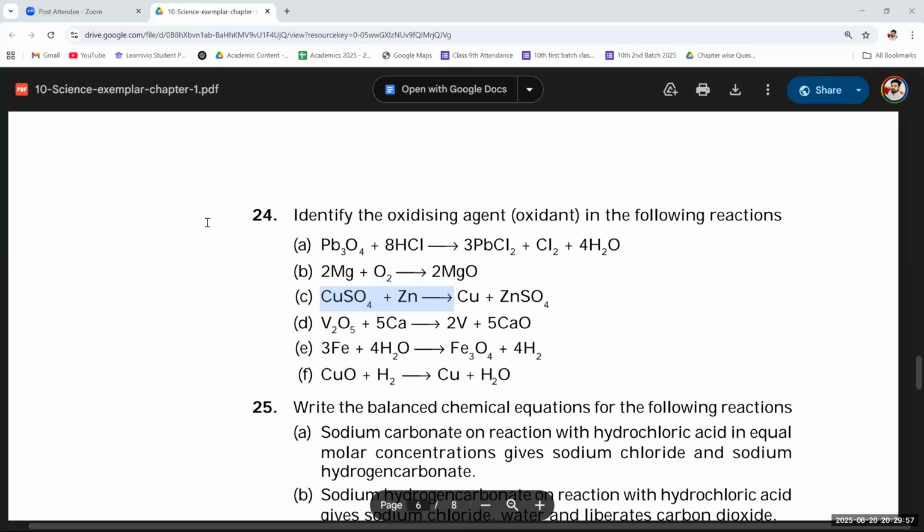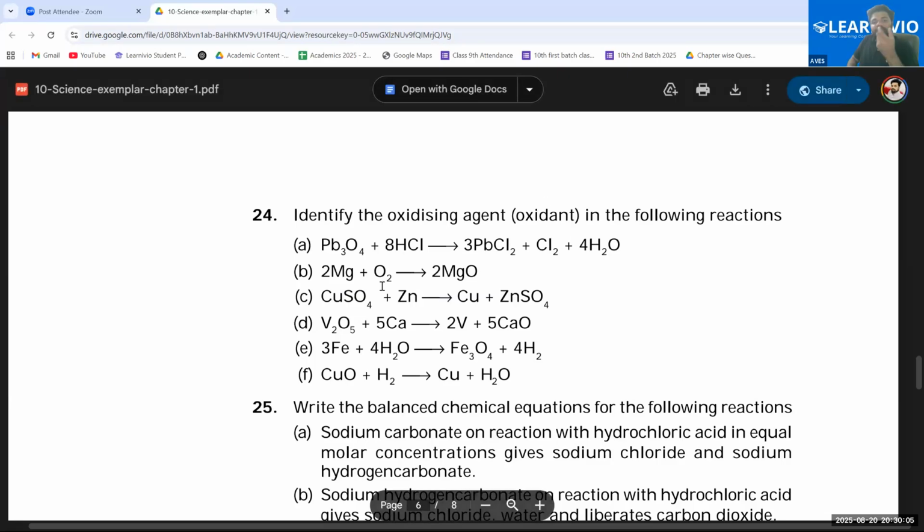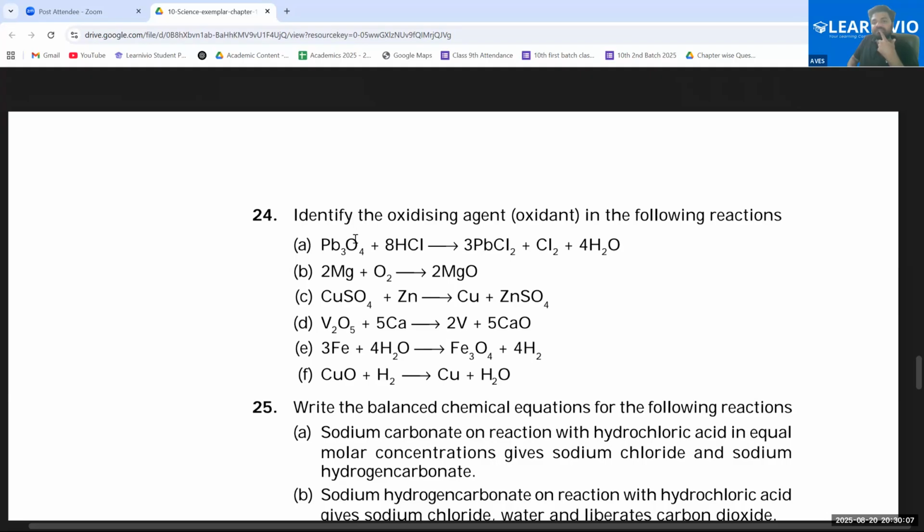Okay. Now tell me, oxidant means which is carrying oxygen. So simple, the one which is carrying oxygen is an oxidizing agent. This one is an oxidizing agent, this one, this one, this one, this one. If there are two substances in the reactant which are carrying oxygen, then we will use the oxidation number method.